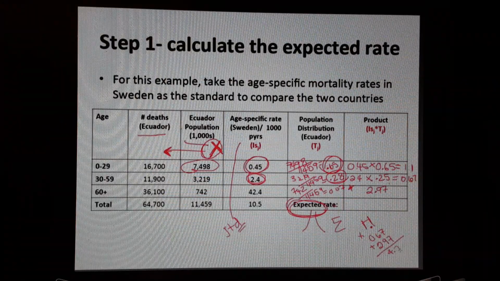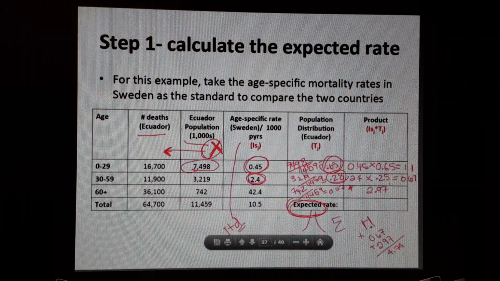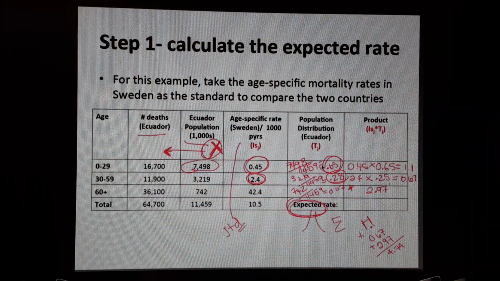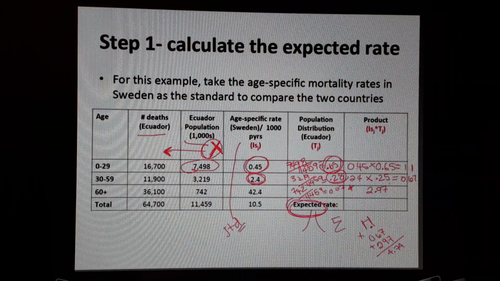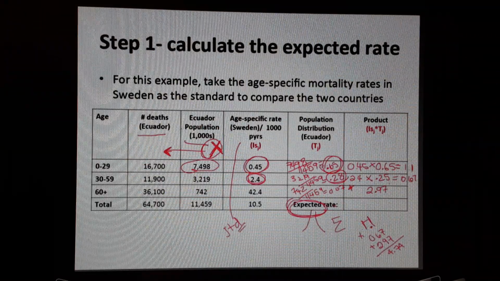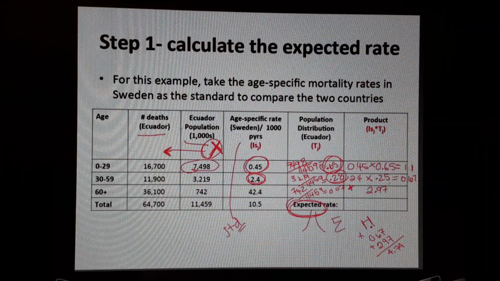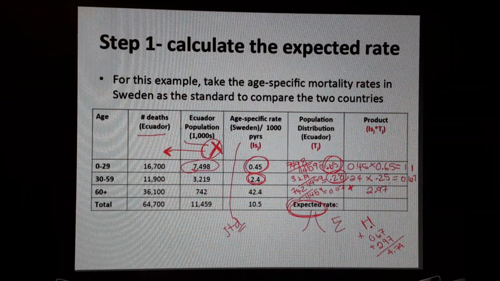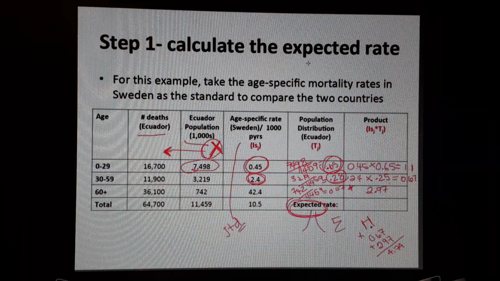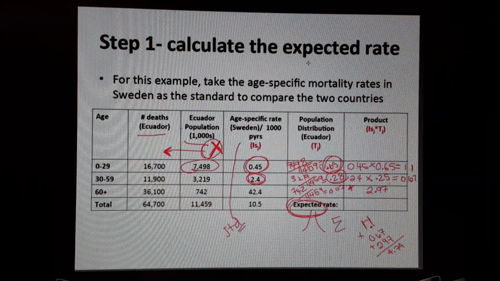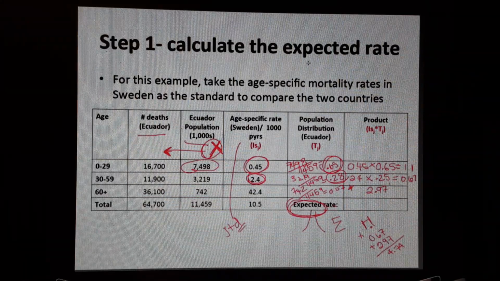Totals 4.74. So this is what we would expect to see as our rate if the standard population had the same population distribution as our population. Okay, so instead of using the weights from a standard population, we're using the weights from our population. That's why it's called internally standardized. So now we have our expected rate calculated at 4.74.